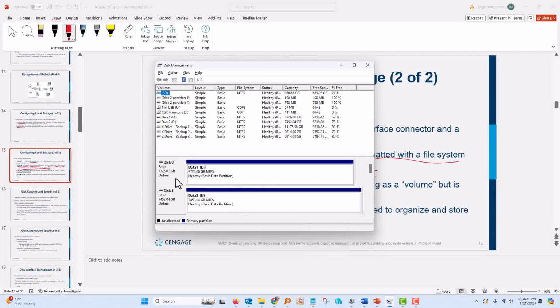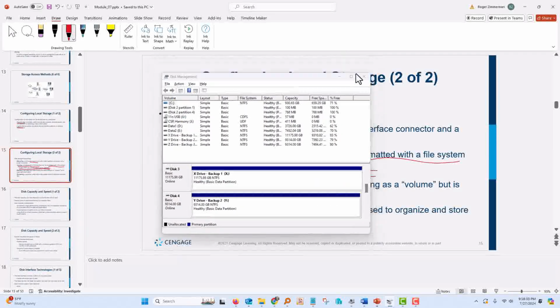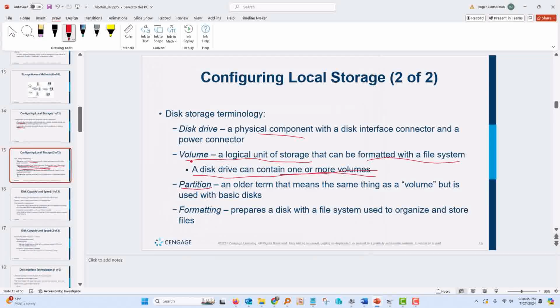But it's a volume if it's dynamic disks. If they are basic disks, then they would be partitions. So partitions occur only on basic disks, and volumes occur on dynamic disks, even though that doesn't say that here.